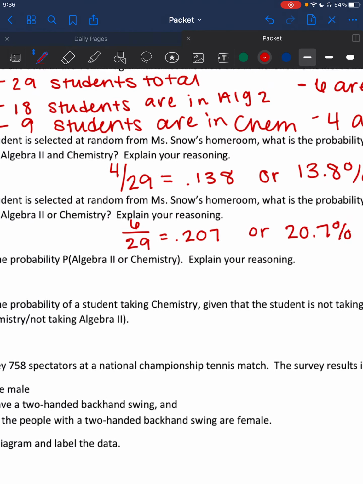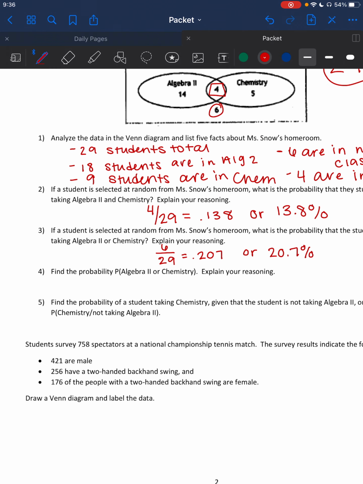So when I'm looking back down here, I have the probability of A, so they're in Algebra 2, there's 18. Okay, and I'm going to add that to the probability of chemistry, which is 9 out of 29. And then I'm going to just subtract the kids who are in both classes. Okay, so 18 plus 9 minus 4 is 23 out of 29, which is 79.3%.